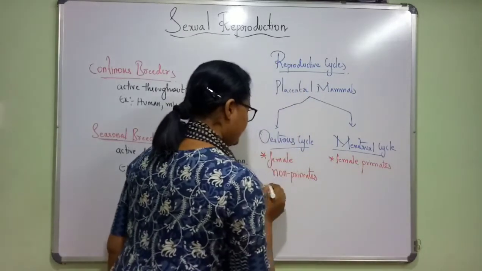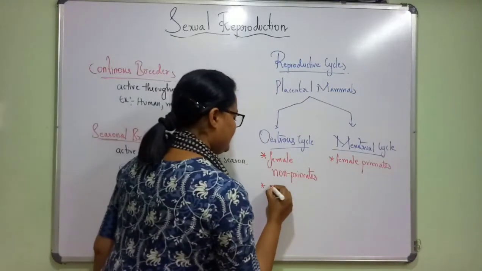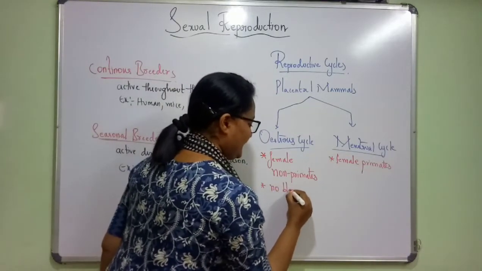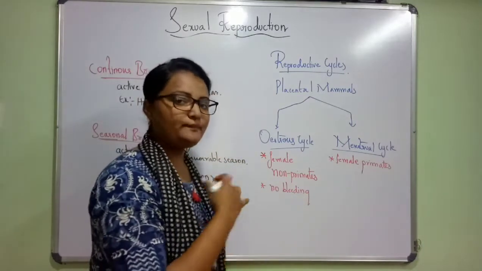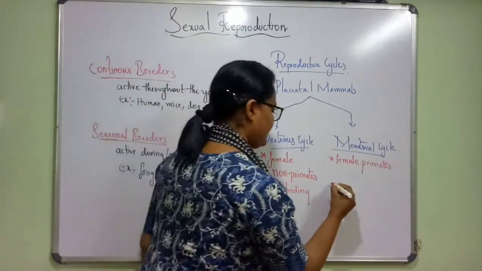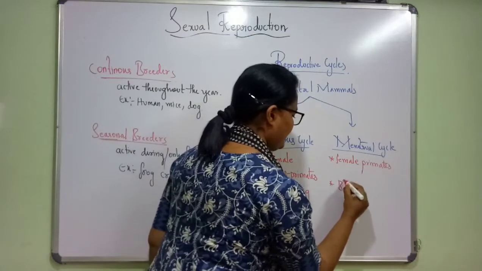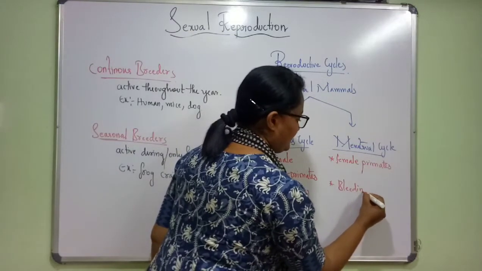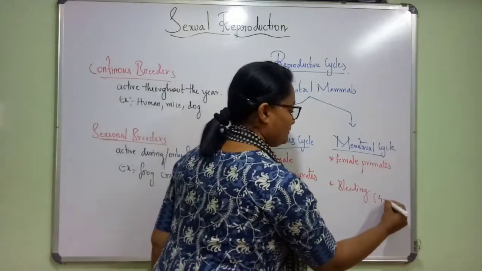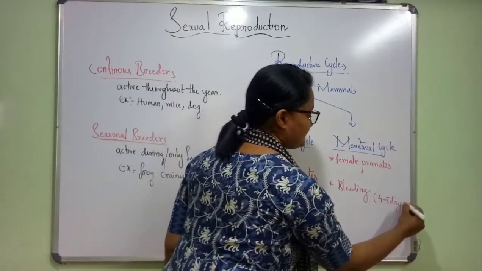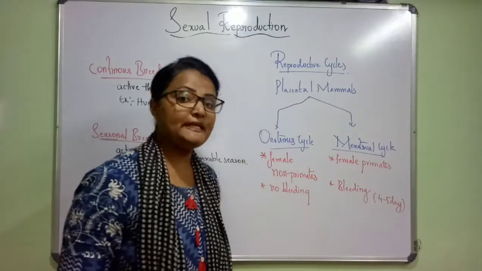The next difference is that there is no bleeding during the oestrus cycle, but in the menstrual cycle there will be bleeding, 4 to 5 days per cycle.